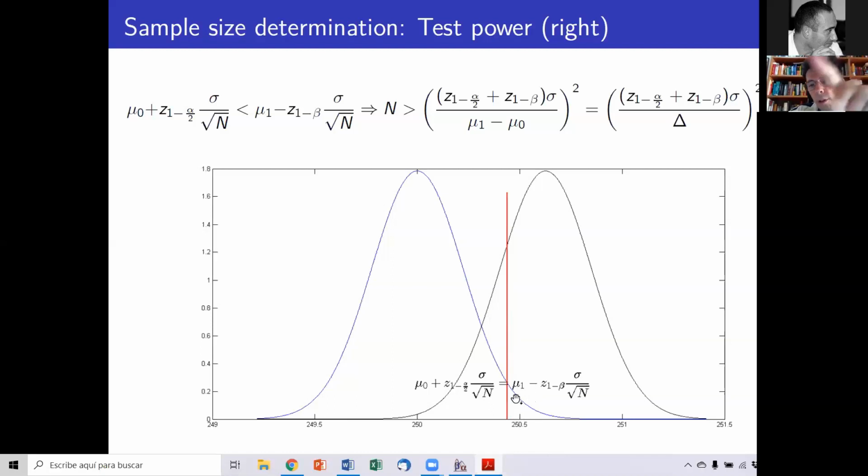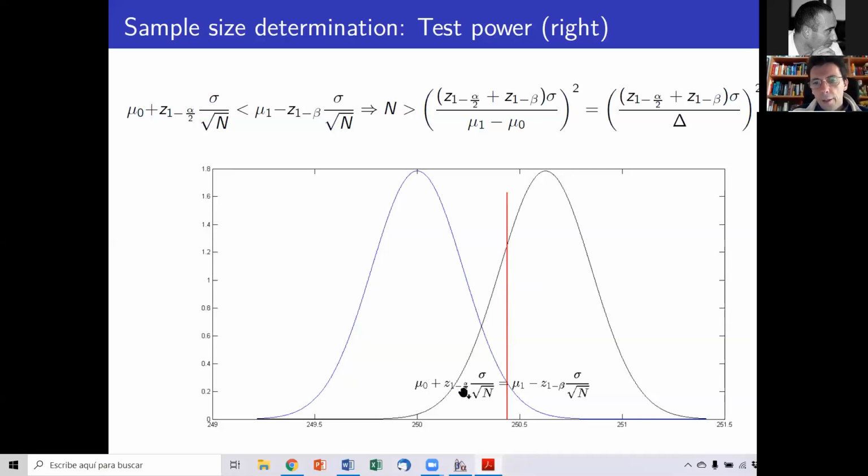So if it goes beyond that point, I will reject the null hypothesis. So how likely is it that if the true state of affairs is the black curve, I cannot reject the null hypothesis, so that I'm on the left side of this red line. So the probability of being in that situation is all this area, all the area of the black curve on the left side of the red line.